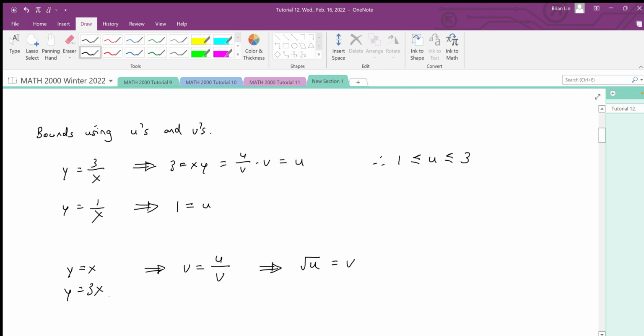And then this one tells me that v is equal to 3u over v. And then what does that tell me? In a similar manner, it tells me this. So in this case, because u moves from 1 to 3 freely, then for the v values we have this.